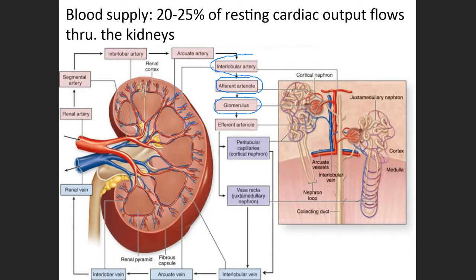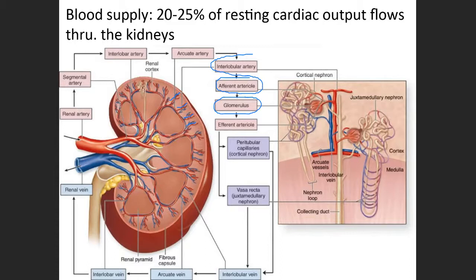We get a modified blood pressure called a filtration pressure, pushing fluid and solutes, basically everything except for the formed elements and the plasma proteins, through slits in the glomerulus and out into the tubular nephron, where now it'll go through the process of being filtered.